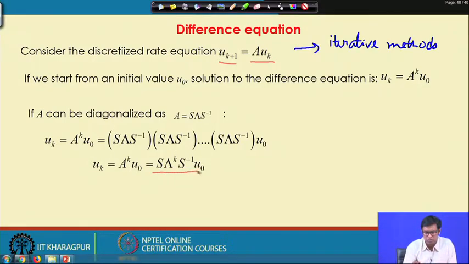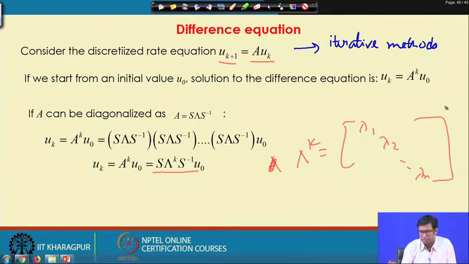So, we will get a matrix lambda to the power k, which is lambda 1, lambda 2 up to lambda n, each to the power k, and I asked you to check this.